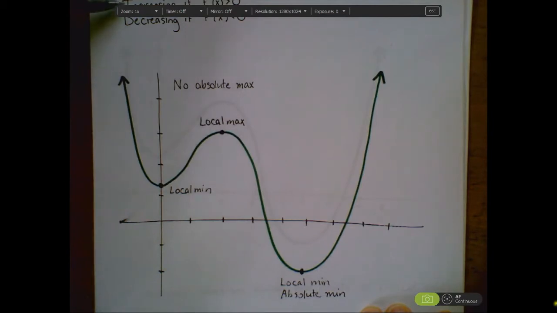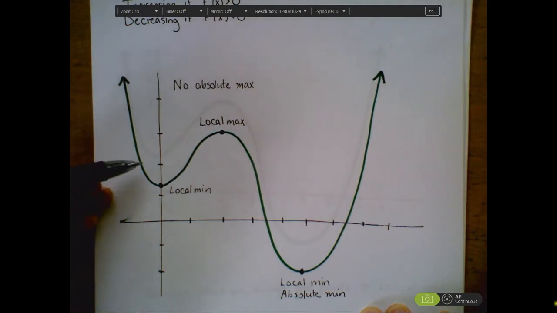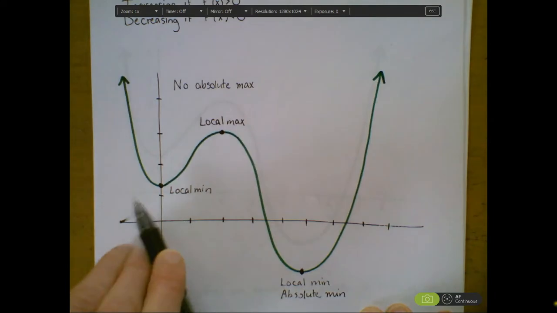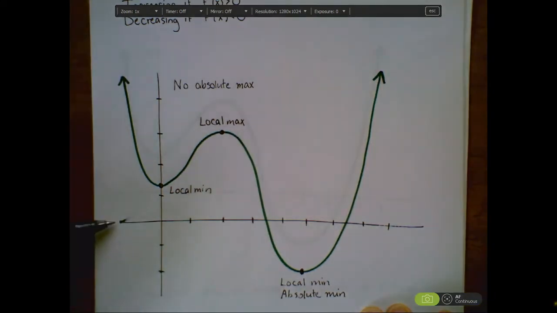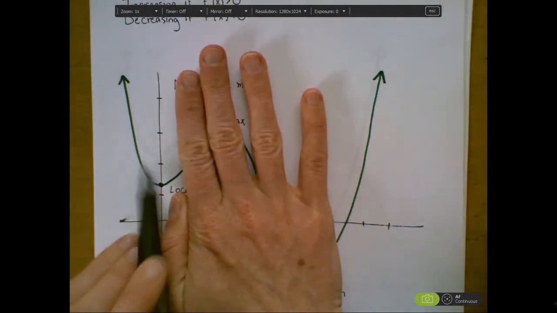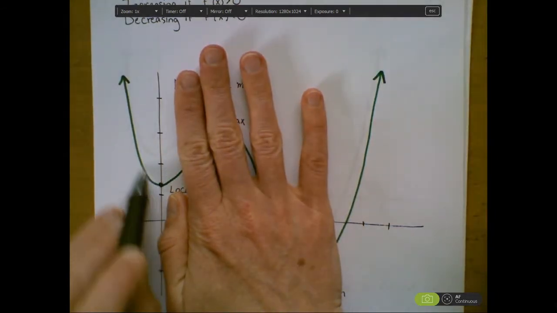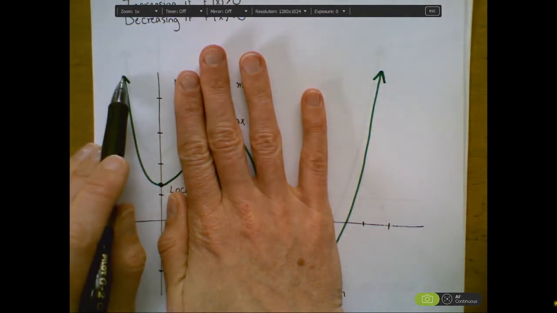Let's now look at where the function is increasing and where the function is decreasing. When you're looking at the graph, it's really easy to tell where the function is increasing or decreasing. The thing to keep in mind is to think about, as my x's increase, are my y values getting bigger or are my y values getting smaller? Sometimes it's tempting to look at this portion of the graph and say, aha, it's going up, so you might think that it's increasing here.